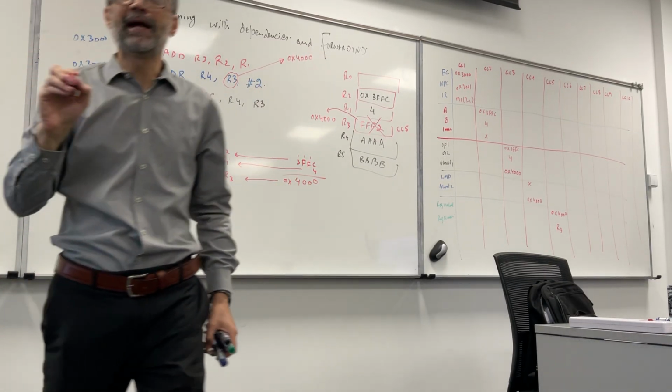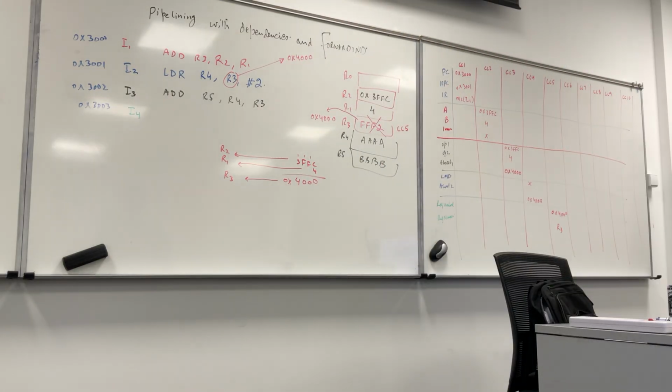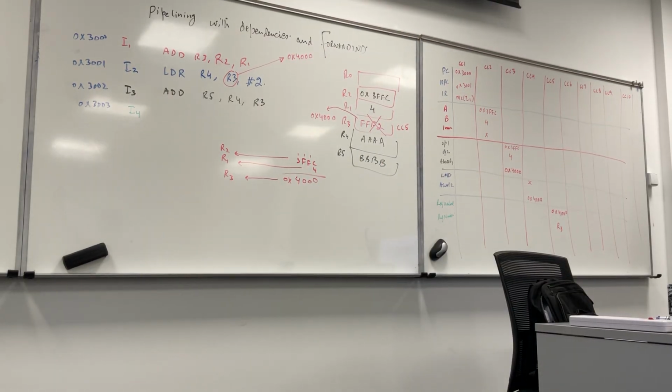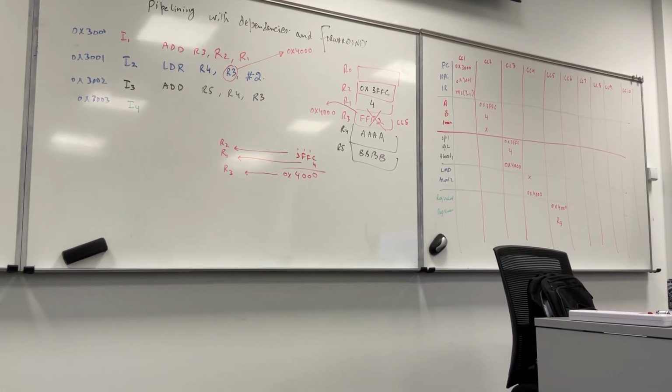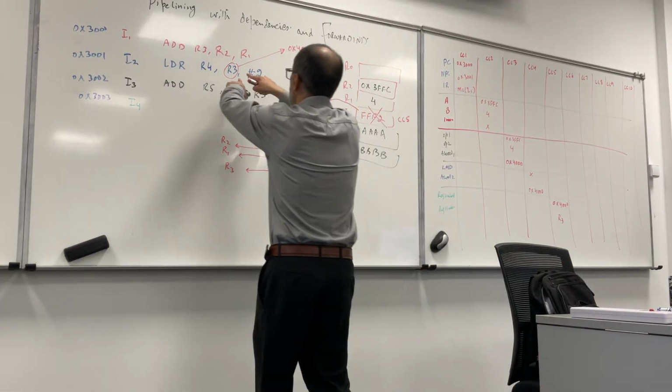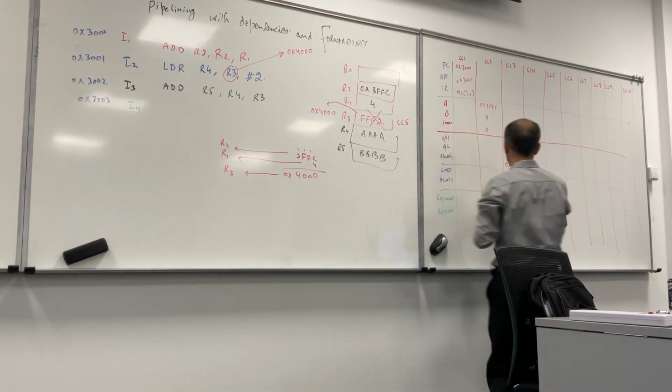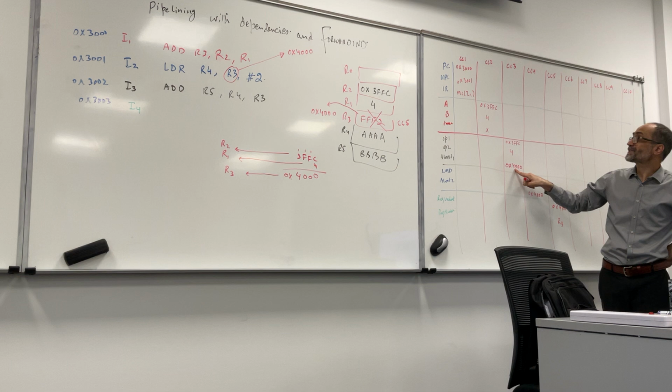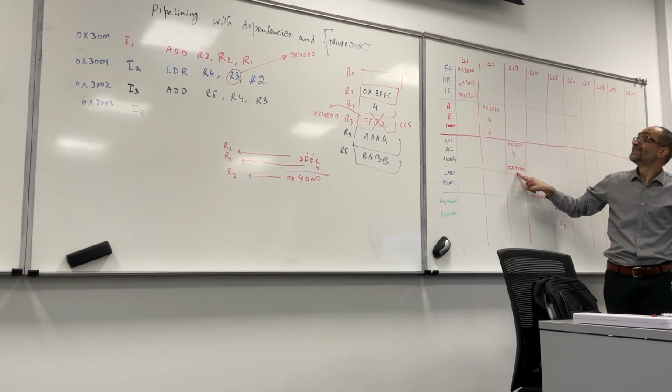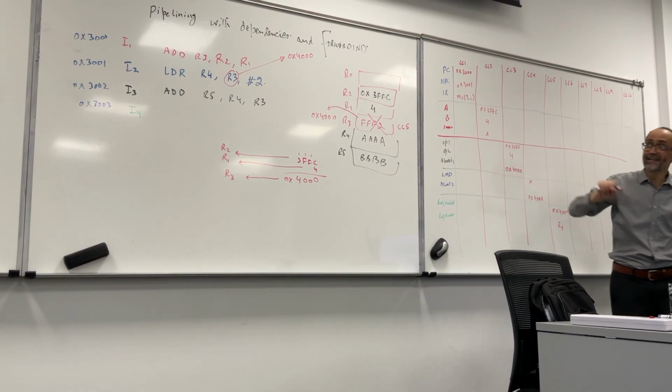But we are writing this value 0x4000 in clock cycle 5, and we need this value in clock cycle 3 for the second instruction.